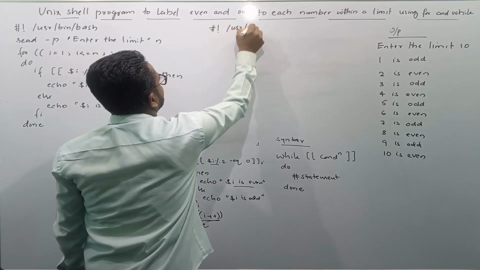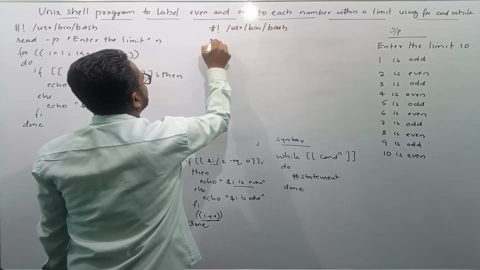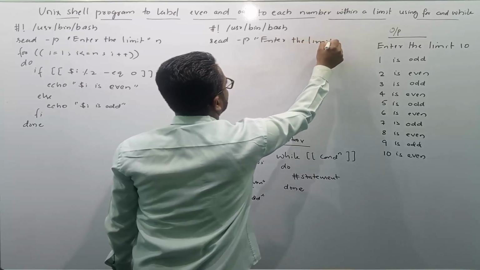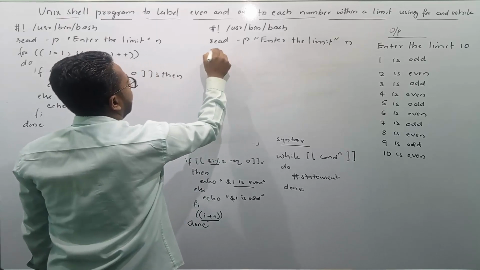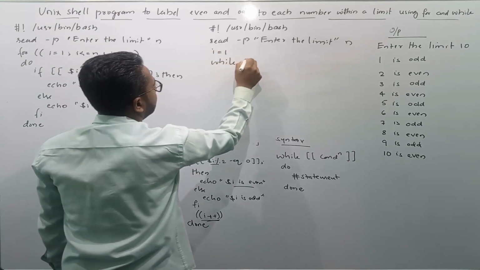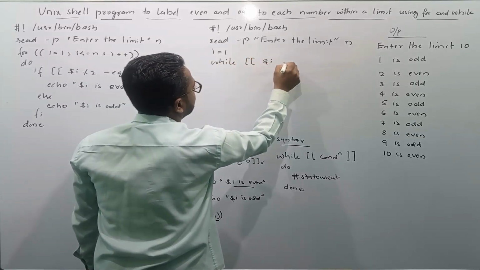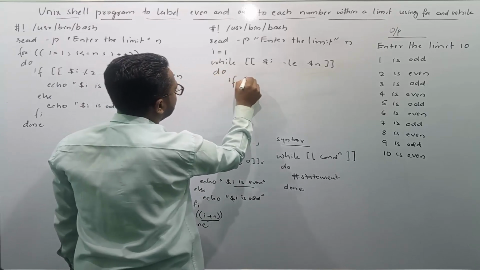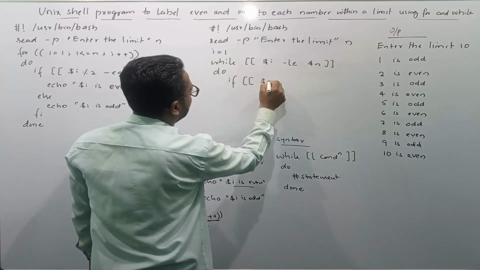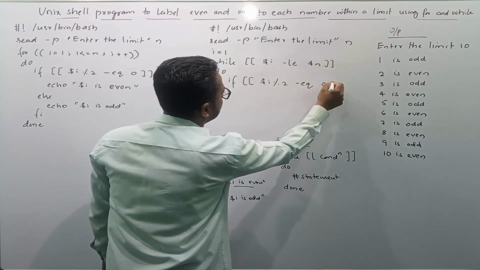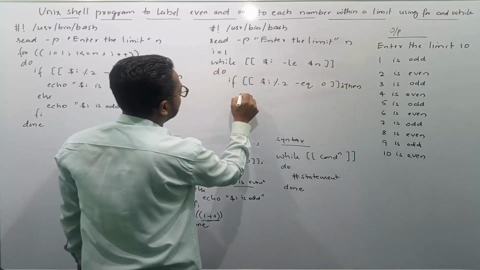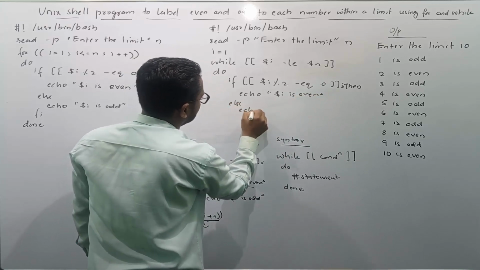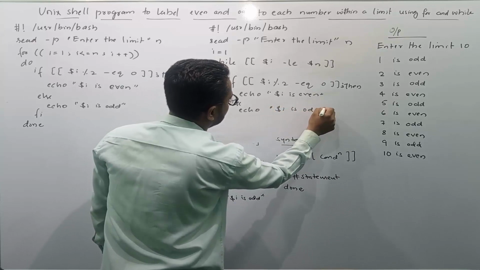Okay, next I will write the same program using while loop. Hash exclamation usr bin bash, read -p, enter the limit n, then I is equals to 1, next while gets started, space 2 open brackets, dollar I is less than or equals to dollar n, do, if this condition, if dollar I mod 2 is equals to 0 semicolon, then echo dollar I is even, else echo dollar I is odd.